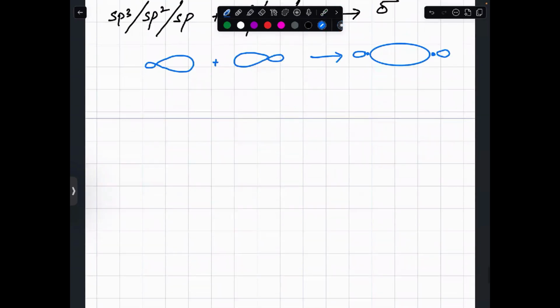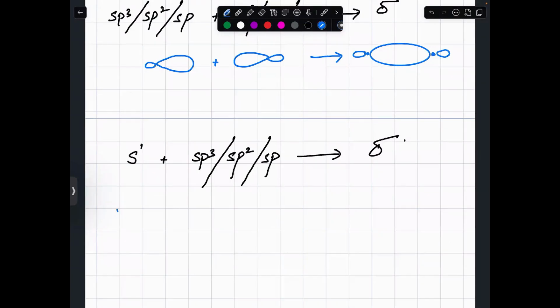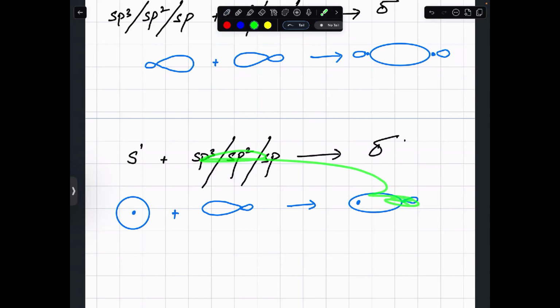Next, if it is s with sp3, sp2, or sp, again a sigma bond, you represent it by this, and this is the s side.